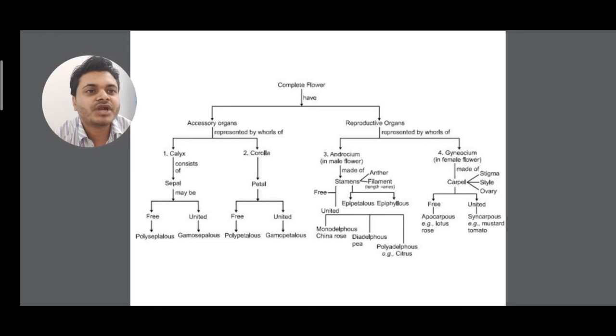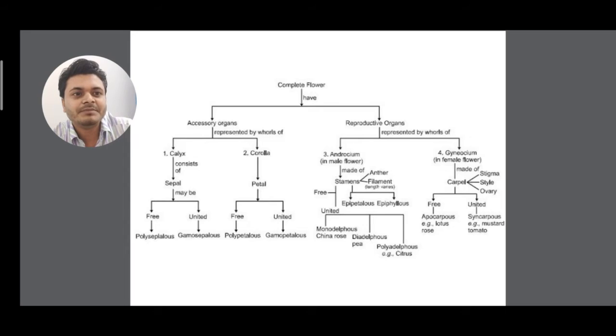Clear? Now, reproductive organs consist of androecium and gynoecium. As I have said, androecium is the male part of a flower and gynoecium is the female part. Androecium's other name is stamen, and gynoecium's other name is pistil or carpel. Now under androecium, there are two parts: one is anther, another is filament.